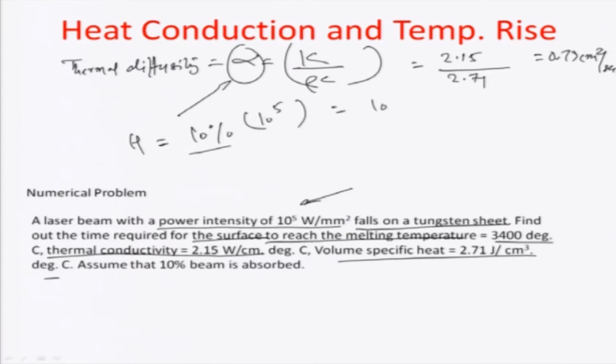So, this is about 10 to the power 4 watt per millimeter square. That is how much beam power is coupled to the surface in question. If we change this to a more convenient unit, because everything else is in centimeters, this is 10 to the power of 6 watt per centimeter square.